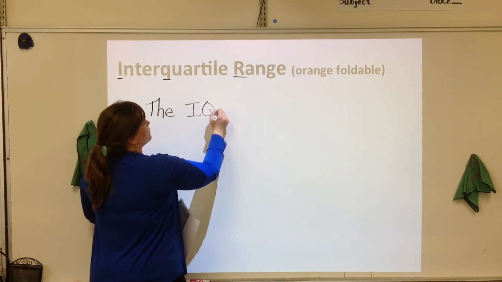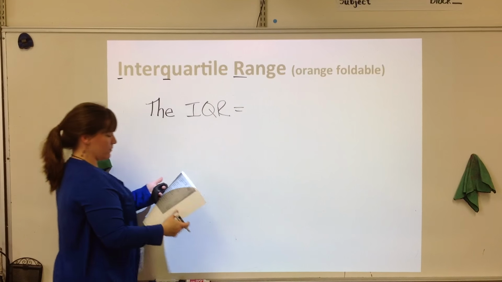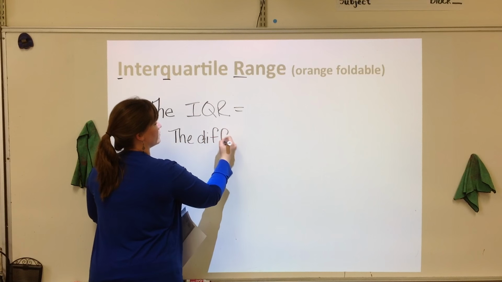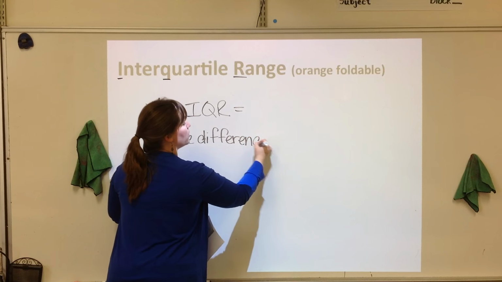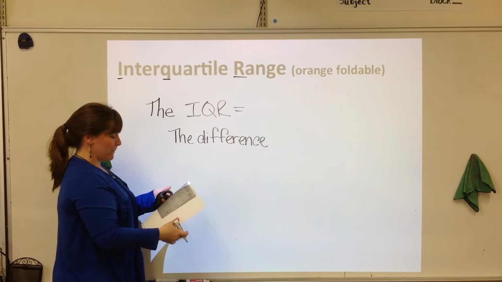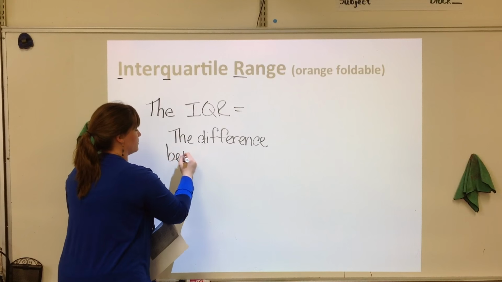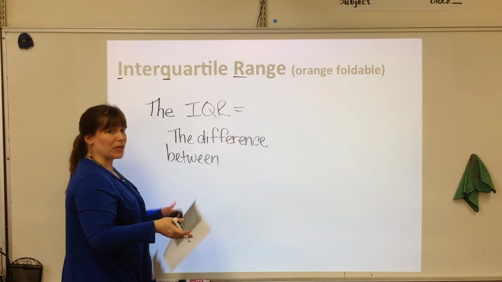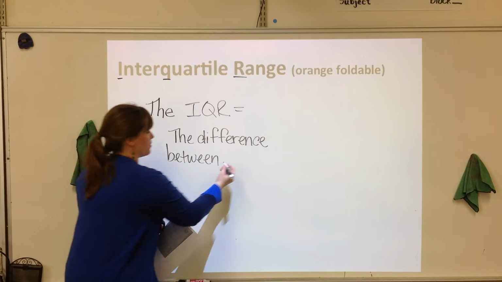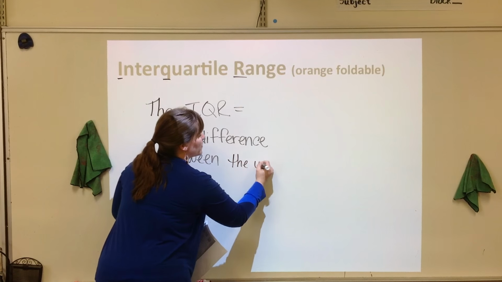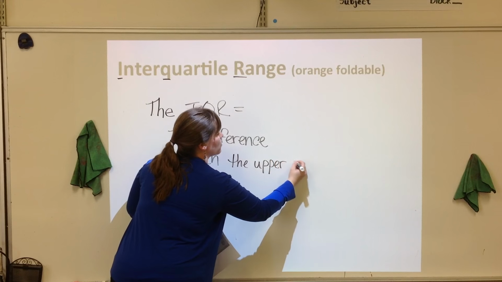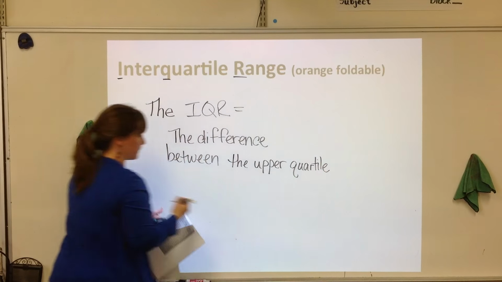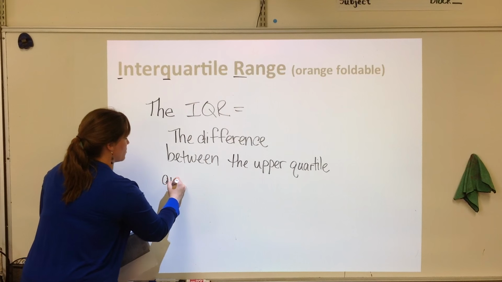The IQR is the difference, just like range, we're finding a difference between, not max and min, that's for range. We're going to take Q3 and Q1. So between the upper quartile and the lower quartile.